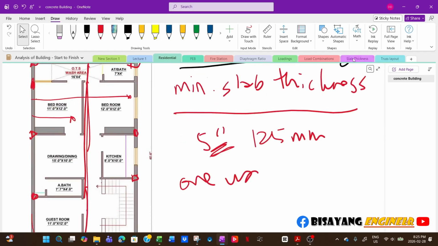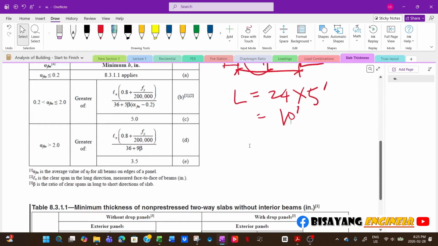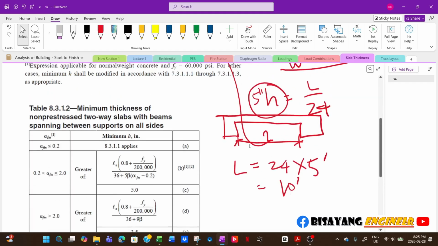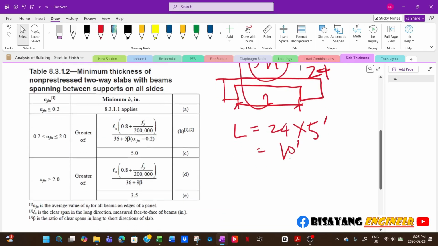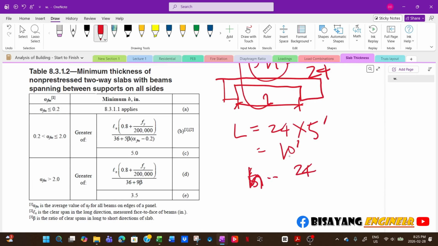So to determine the minimum required, for example, your clear span is 12 feet, no, 10 feet, divided by 24. That is 0.5 feet or 6 inches.